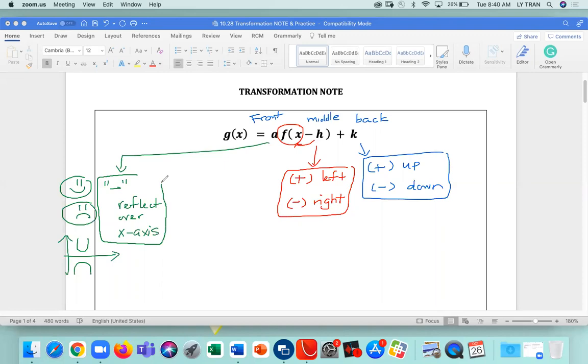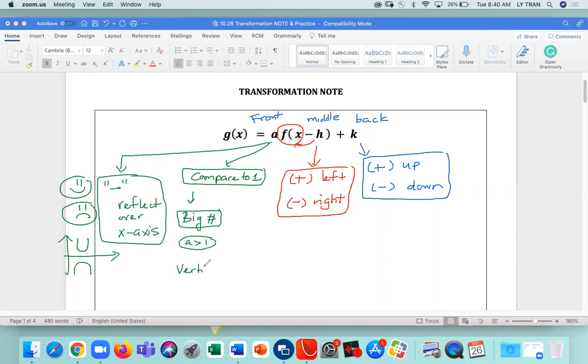And two more. Also, we already said earlier, we only have one parent function for each of them. So we always compare this number A with 1. If A is a big number, bigger than 1, like A is more than 1, the graph is going to stretch.